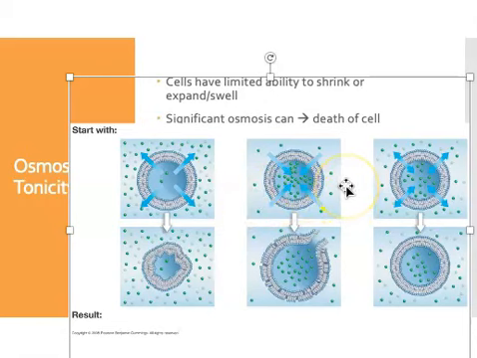Now imagine that this green particle cannot cross this membrane. Maybe it has a charge on it. Maybe it's way too big. Maybe it's too polar. But for whatever reason, the green particle cannot cross the membrane using simple diffusion.